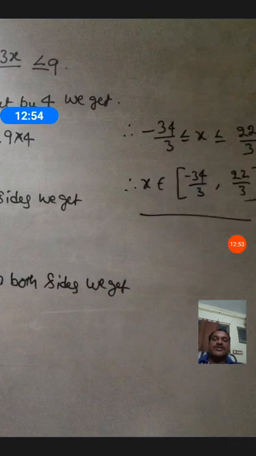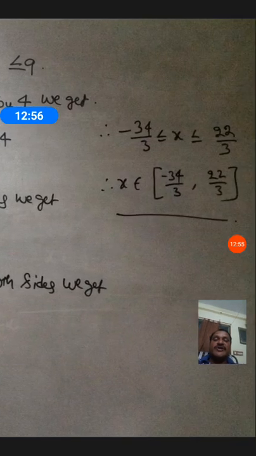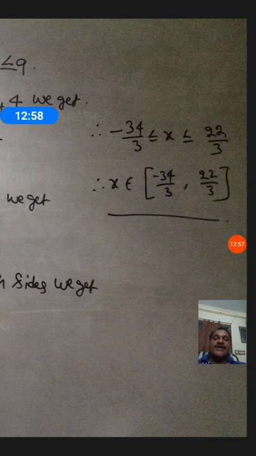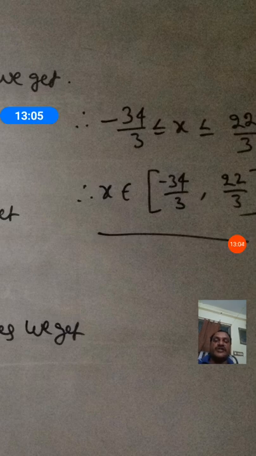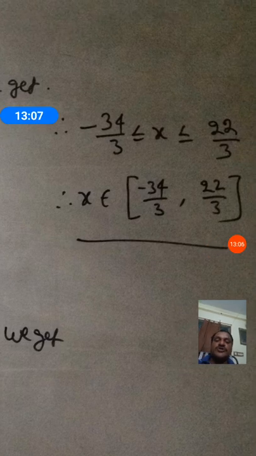Now, my dear students, the same inequation we can write as minus 34 by 3 lesser than or equal to x lesser than or equal to 22 by 3. That means our solution is x belongs to minus 34 by 3 comma 22 by 3.